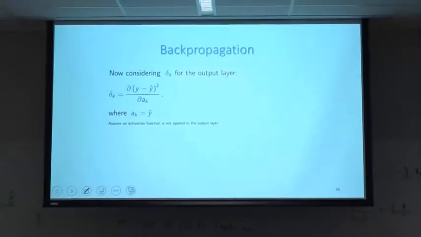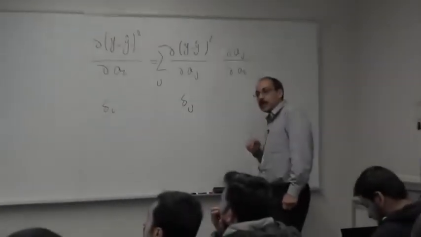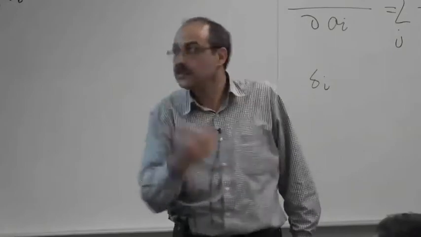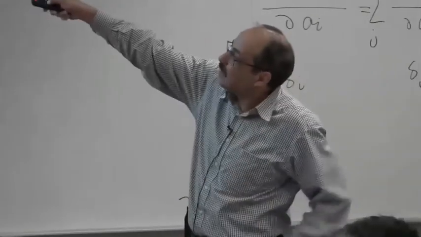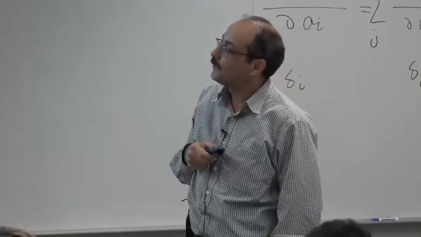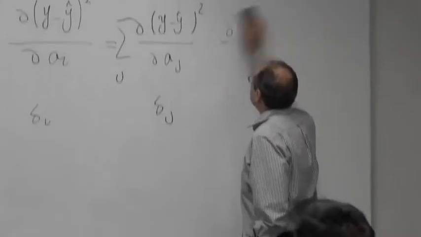Now suppose that you have all of these layers and you want to compute the delta for the next layer, the next layer, and the next layer. And suppose that the last layer is this one, K. At layer K, which is the last layer, what's going to happen?